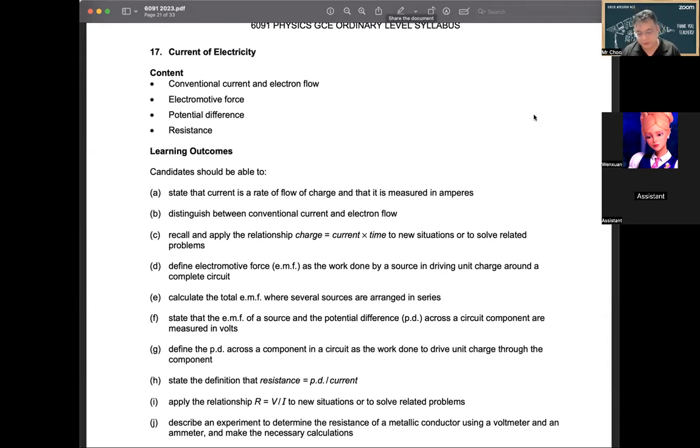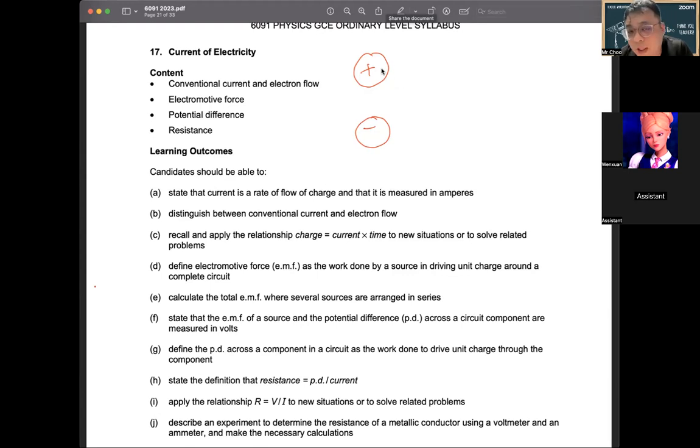So in the previous topic, we talked about charges. Charges can be both positive and negative. Is that clear? When these charges all start to move in an organized manner, in one direction, that is when a current is formed.